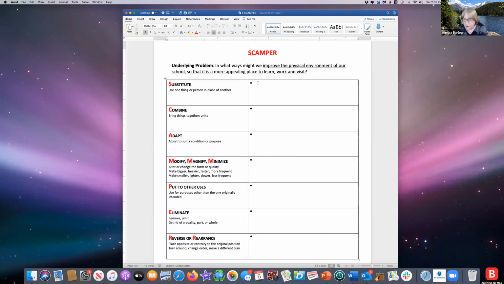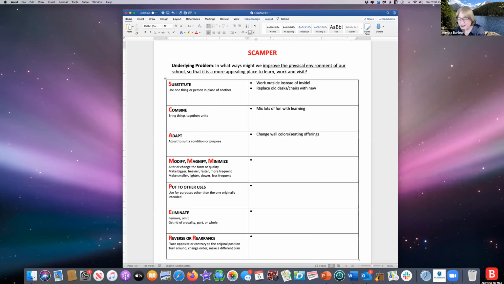Okay, substitute is one. Work outside, I'm assuming, instead of inside the building. Combine. Mix lots of fun with learning. Adapt. Change wall colors or seating offerings. Substitute, replace older desks and chairs with newer ones.